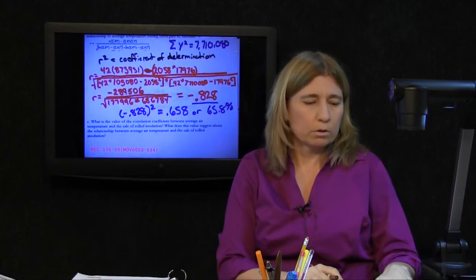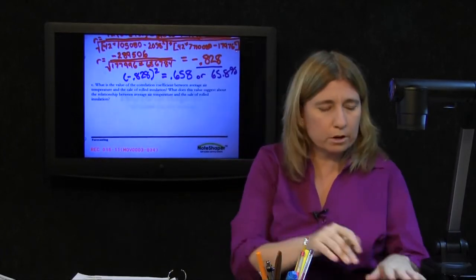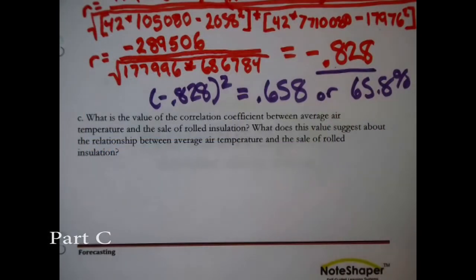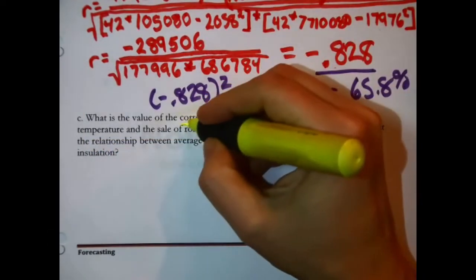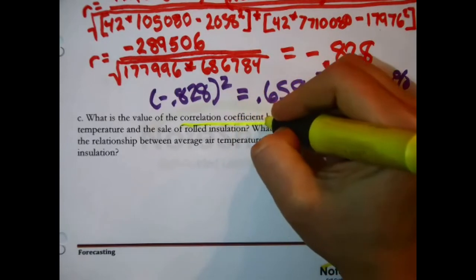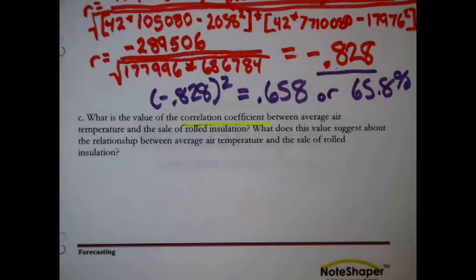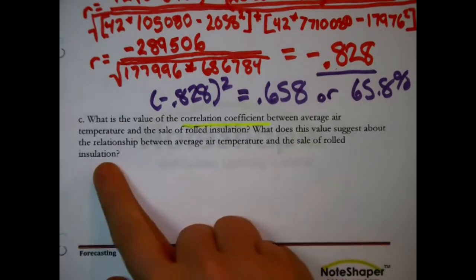You think, oh, what else do we have to do? Well, the third part of the scenario asks, what is the value of the correlation coefficient, or a measure of the linear relationship between the average air temperature and the sale of rolled insulation? What does this value suggest about the relationship between average air temperature and the sale of rolled insulation?